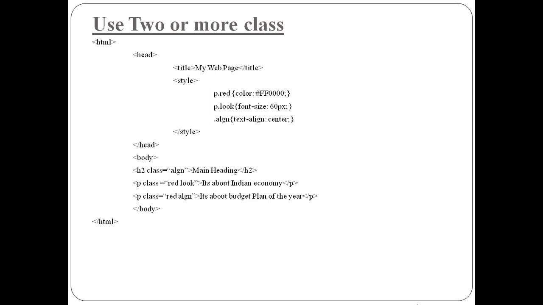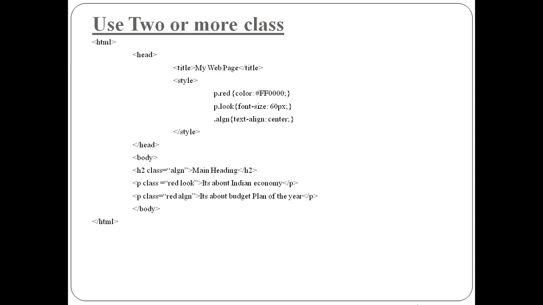Here is another example of how to use two or more classes in the same web page. For the H2 tag we have specified the class name as align, and for a paragraph tag we used two class names, red and look, and for another paragraph tag we use red and align. So this is how, with a space, we specify more than one class. You can see in the style tag how we specified it.